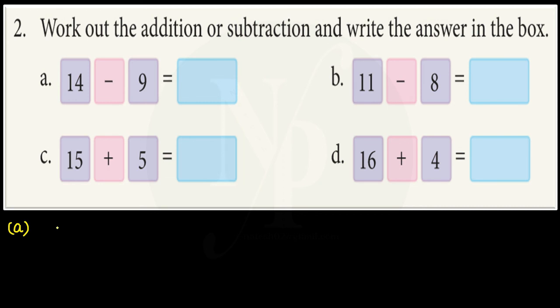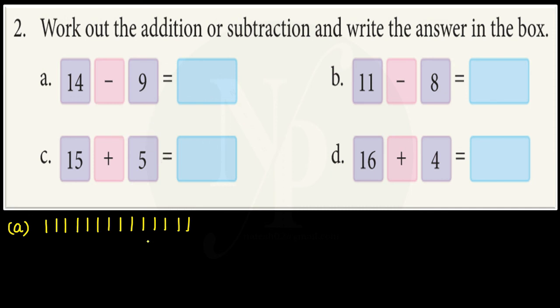Yes, now let us draw 14 standing lines here. 1, 2, 3, 4, 5, 6, 7, 8, 9, 10, 11, 12, 13, 14. And we have to subtract 9 from these 14. So let us strike out 9 lines.